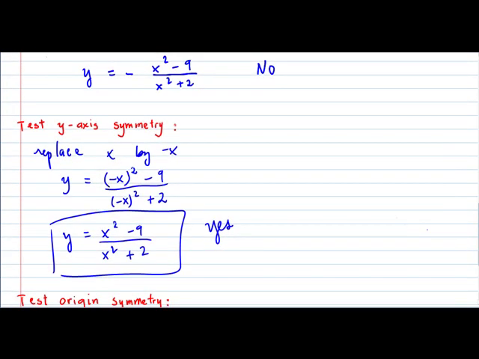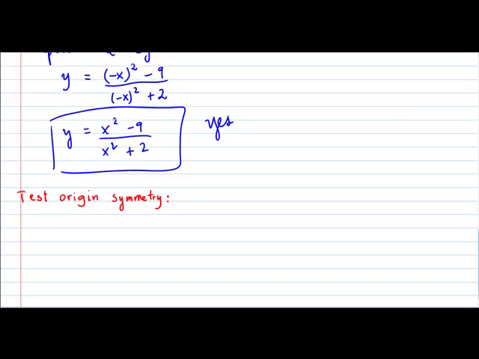So therefore, this equation has y-axis symmetry. Yes. Now let's test the origin and see if this equation has origin symmetry or not. To do this you have to replace y by minus y, and x by minus x at the same time.